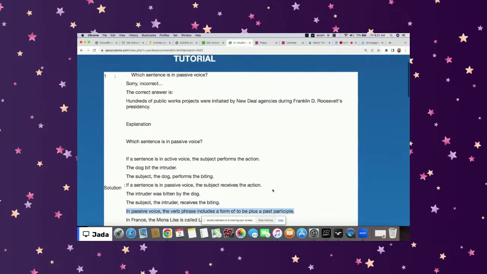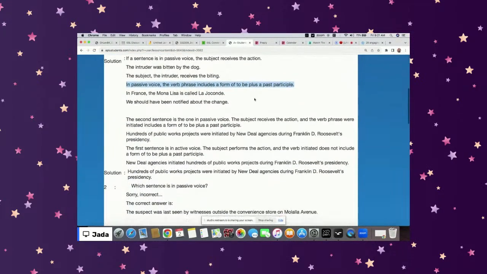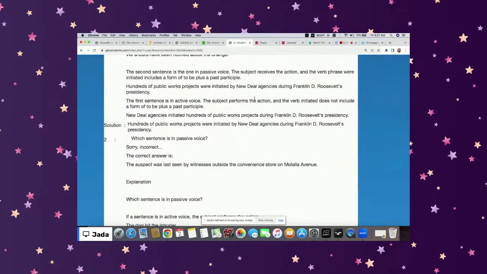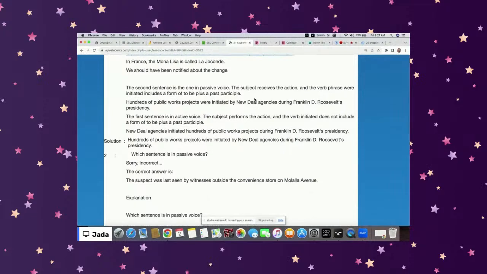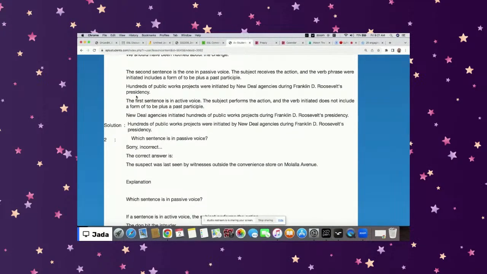Now, let's see which sentence is a passive voice. Hundreds of public works projects were initiated by New Deal agencies during Franklin D. Roosevelt's presidency. Okay. Now, the first sentence is in active, the subject performs the action, and the verb initiated does not include a form of to be.